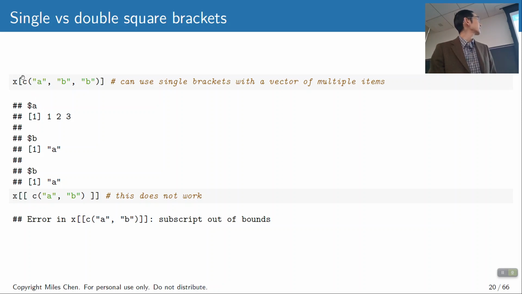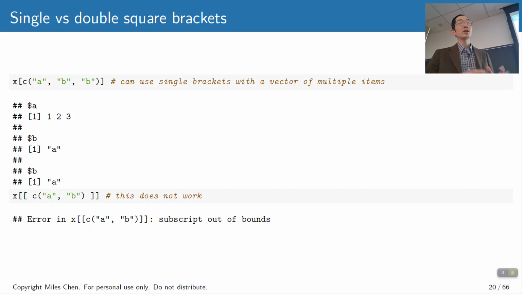Whereas if I use single square brackets, what we're going to get back is a list. So again, here I'm saying give me back a list or a train with cars A and B, and so I get back a new list or a new train with those cars, okay? Whereas if I try to use double square brackets A comma B, this is not going to work, all right?